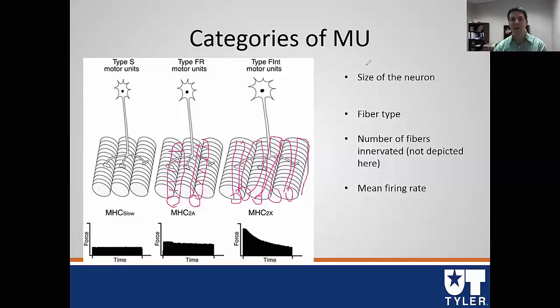If you think back to anatomy and physiology, when they talked about IPSPs and EPSPs and controlling these positive and negative signals at the neuron, once it reaches threshold from getting enough excitatory synapses, then it will stimulate a muscle contraction or action potential. The same thing is going on with the size of the neuron. It's just easier to get it to threshold than it is for this larger neuron and larger cell body. So the mean firing rate is actually much faster in slow motor units and slower in the fast twitch motor units.